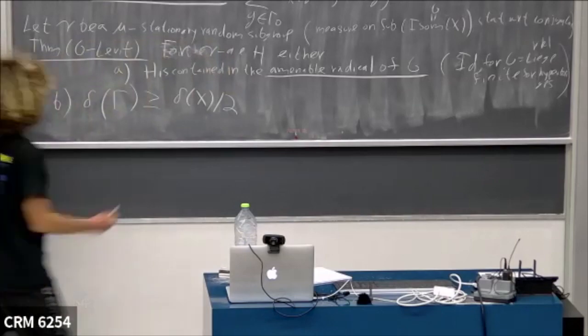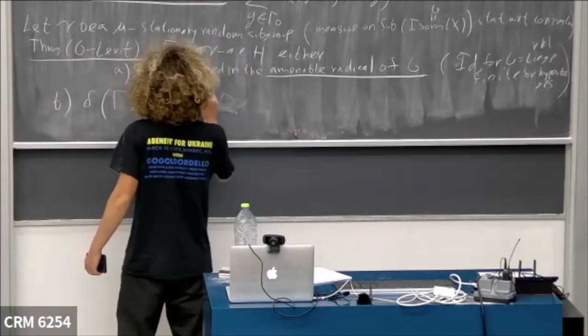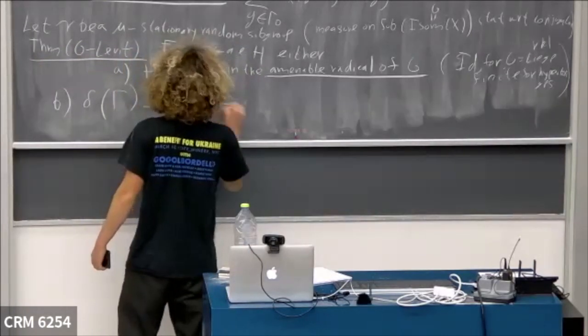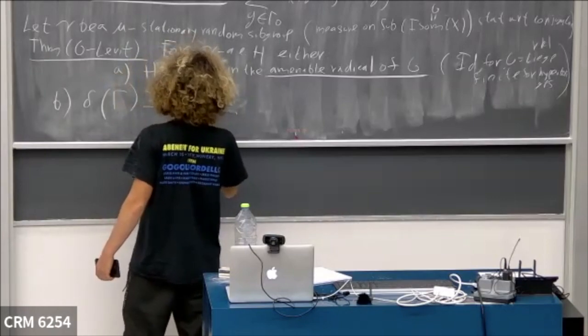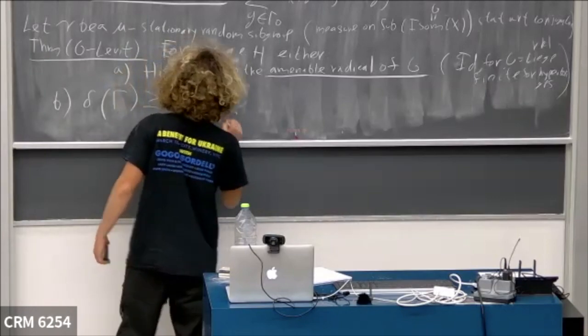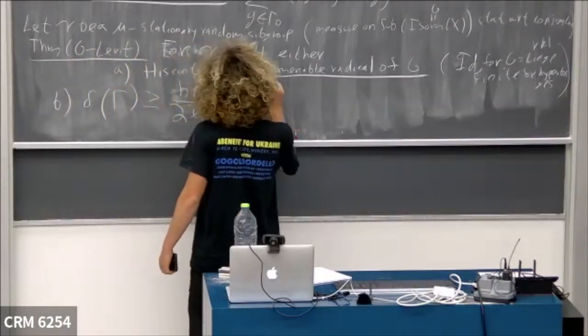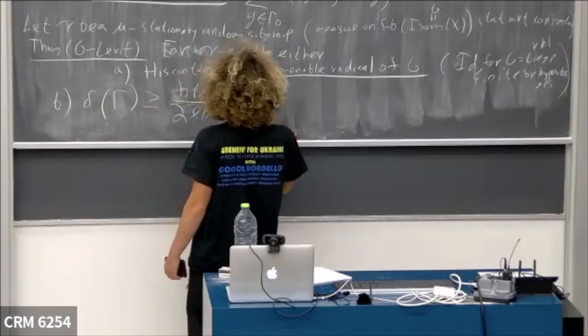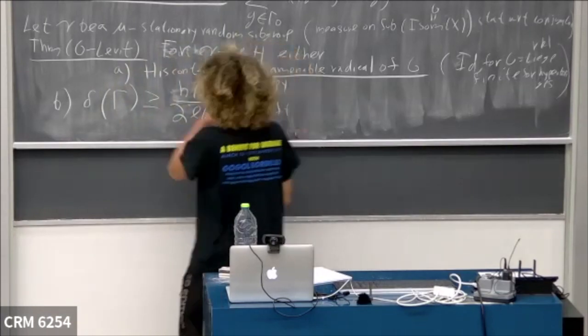Sorry, no, this is not true. I'm getting ahead of myself. It's greater than or equal to the entropy, h of mu over 2 l of mu. So this is the entropy, and this is the drift of the random walk.